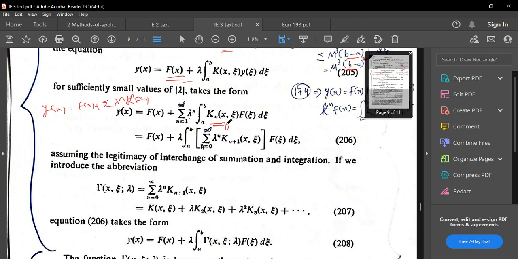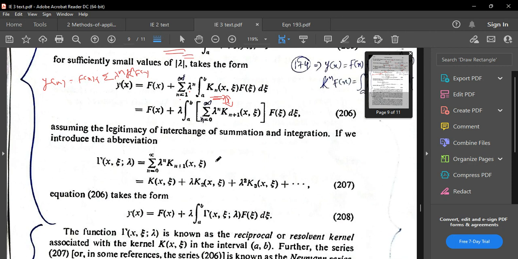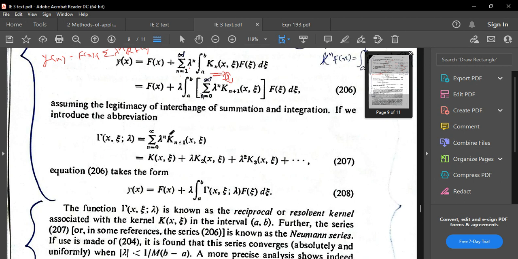No change in these two notations. So for simplicity, we will write what is in this bracket as another function, capital gamma of xi, lambda, equal to this summation from n equal to 0 to infinity of the term inside this square bracket.